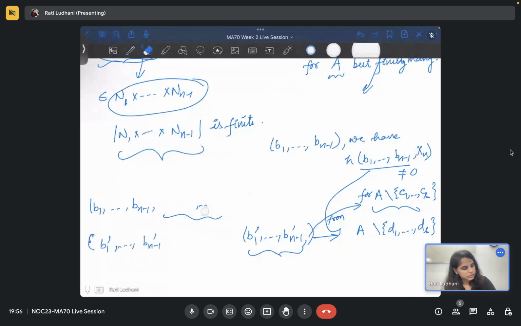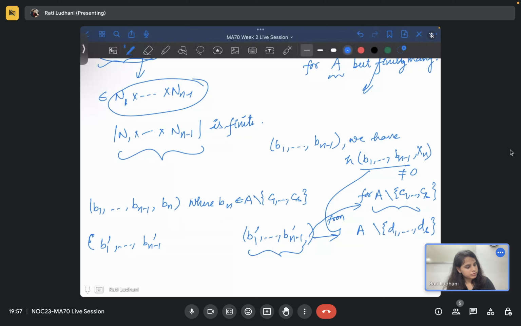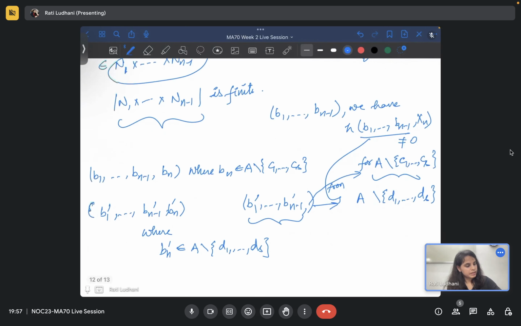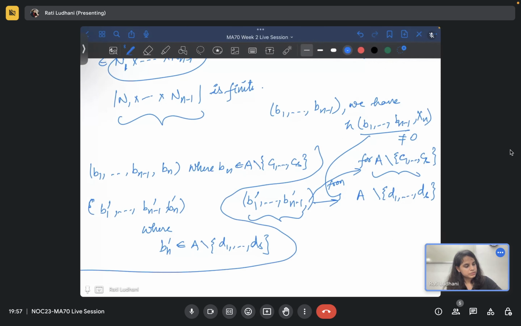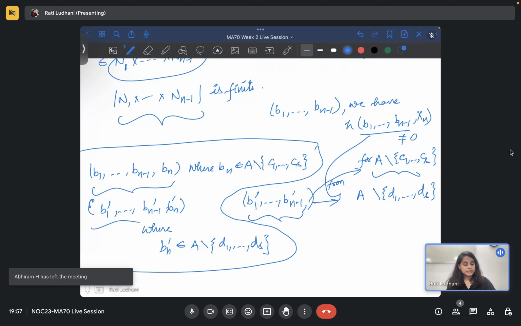Now I can write bn, where bn belongs to a minus c1 to cs, and bn dash belongs to a minus d1 to ds. So these two things we have. Now you know that h is non-zero exactly at these points.